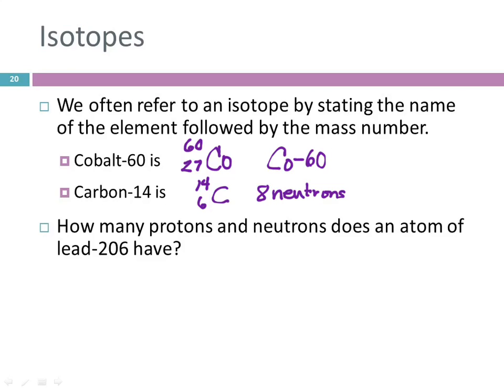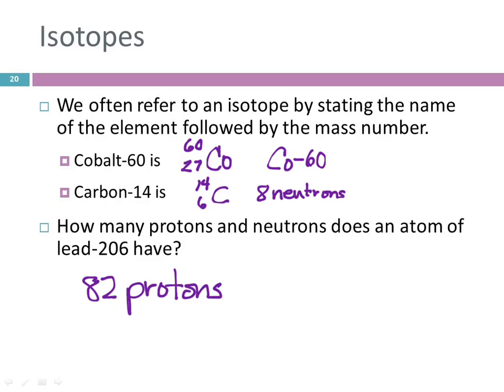So what about an atom of lead-206? How many protons does lead-206 have? You have to look at the periodic table. You have to find the atomic number. Lead is Pb, and the number in the square with it is 82. So it's got 82 protons. That's off the periodic table.